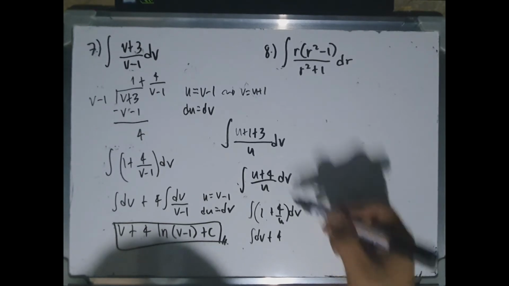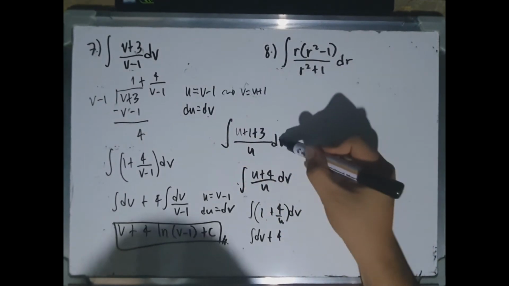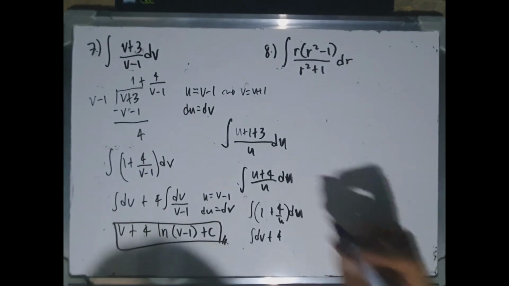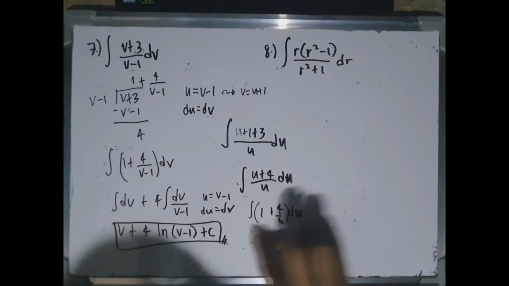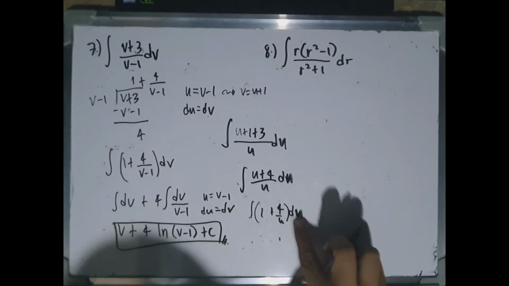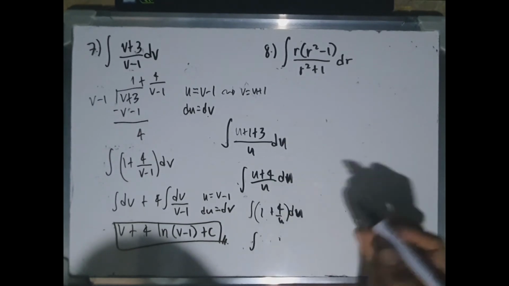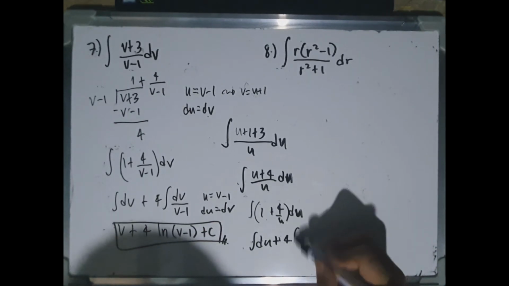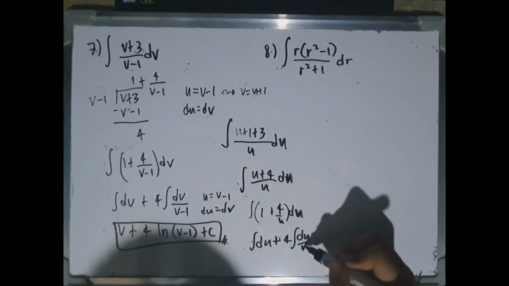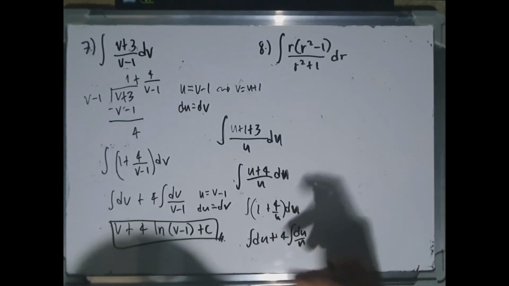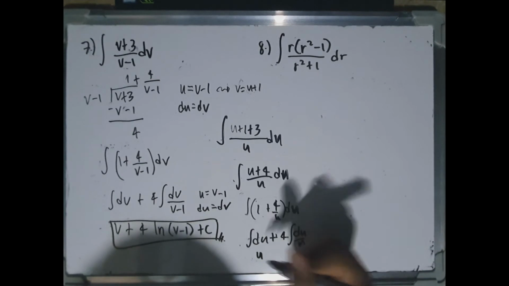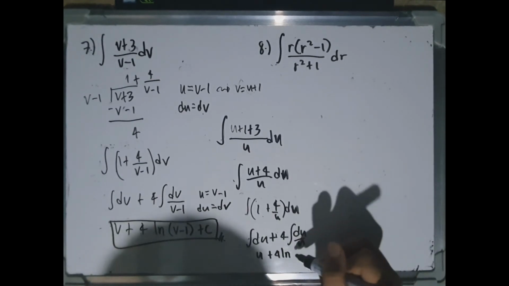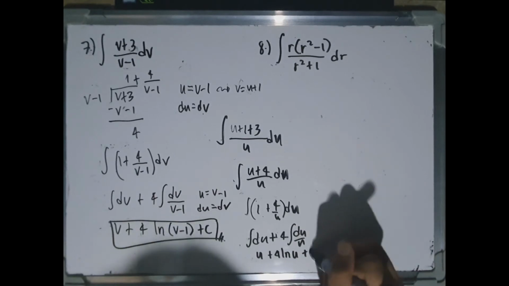The dv is actually equivalent to du, so these are all du. Distributing our du and the integral symbol, we have the integral of du plus 4 integral of du over u. So the integral of du, that is u, plus 4 ln of u plus c.